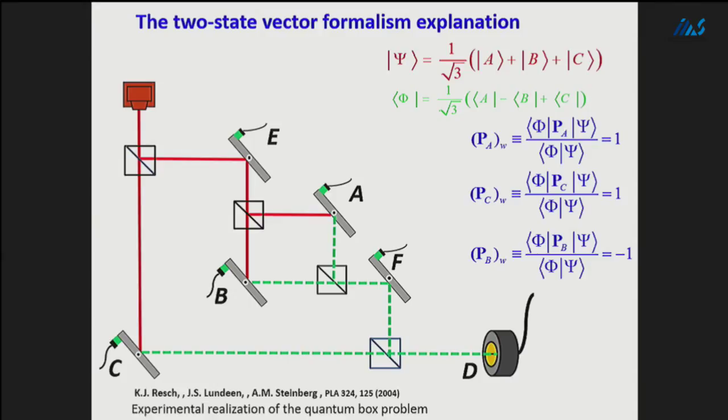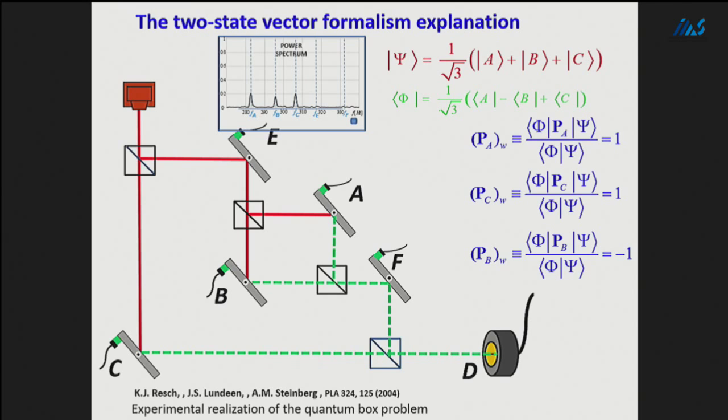In fact, there was an experiment measuring this weak value a long time ago. My experiment is really similar, but somehow I don't have this minus sign. Somebody will tell me why?